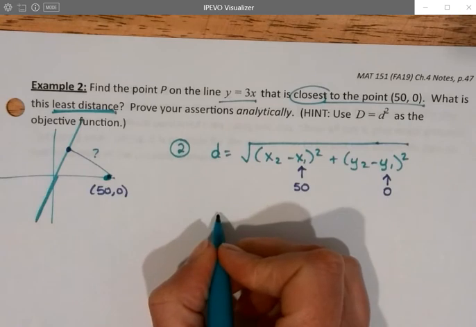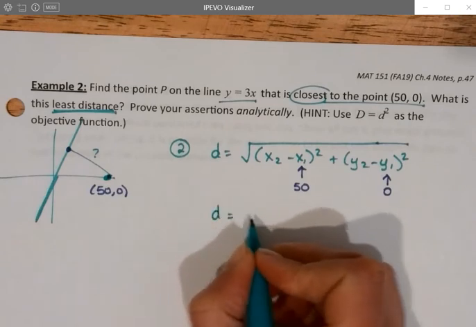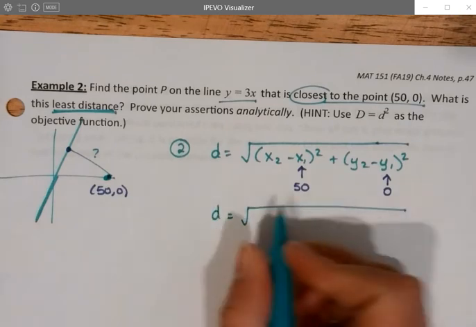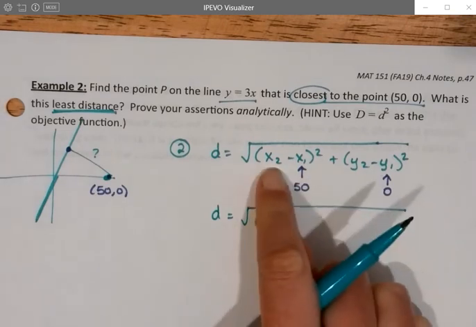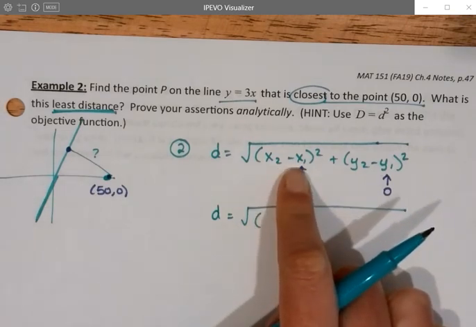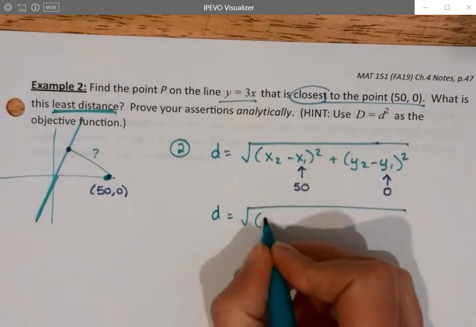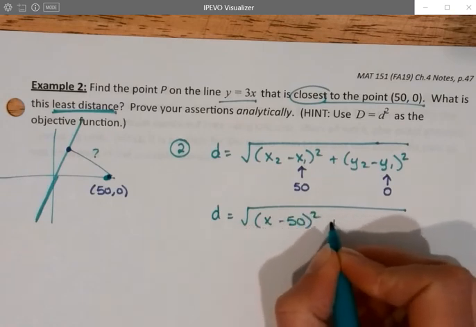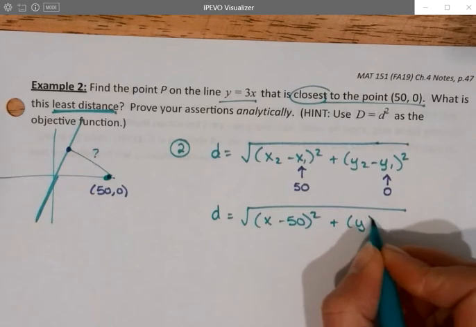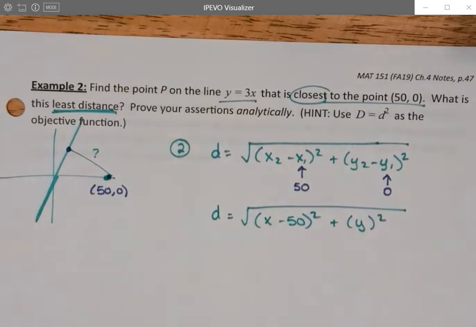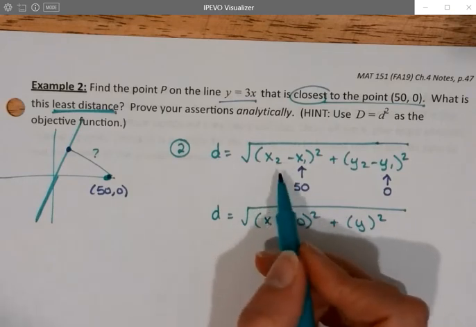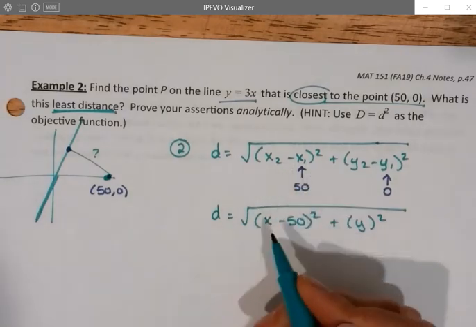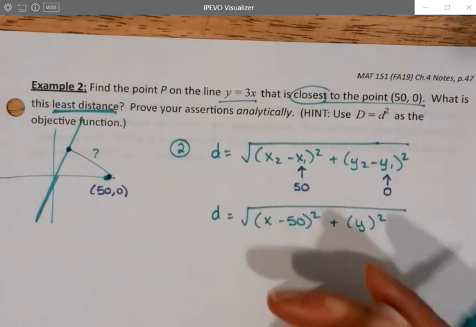So that changes this to d equals the square root of, since I don't have x1 and x2 anymore, let's drop the subscripts and just call this x. So (x minus 50) squared plus y squared, because I'm subtracting 0. Okay, it looks a little better already. We don't want to take derivatives and have to worry about subscripts while we're going through, so we're just changing those variables from the original formula.